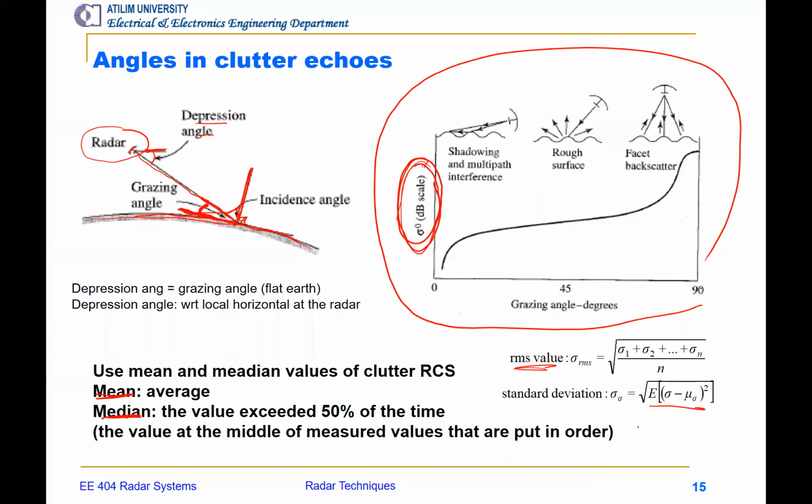From the probability course 213, we have already, as you might remember, studied standard deviation and variance and how to calculate that. I'm not going into details of that. Just please remember that we have mean and standard deviation whenever we have a random variable in the clutter measurements.